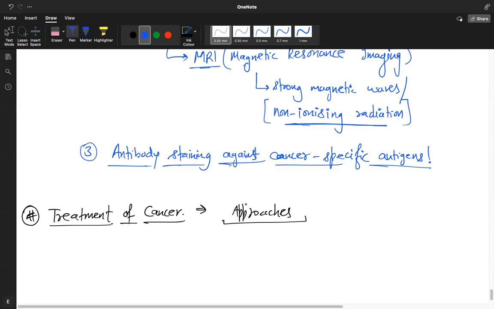So there are 3 approaches. Yes, tell me, Arpit. Surgery. Surgery of what? Of the tumor. Yes. So we call it surgical removal of tumor.